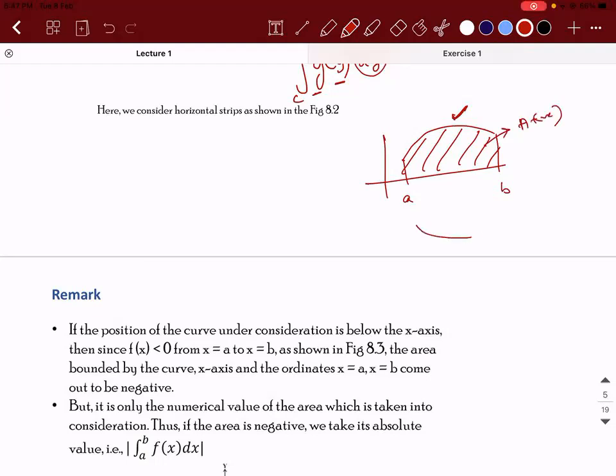And if the same kind of area is calculated below the x-axis, then this area comes out to be negative. Are you able to understand? Is that clear? So when you're doing applications of integrals, you're finding the area made by the curve in terms of a positive or negative value. That is what I'm trying to say.